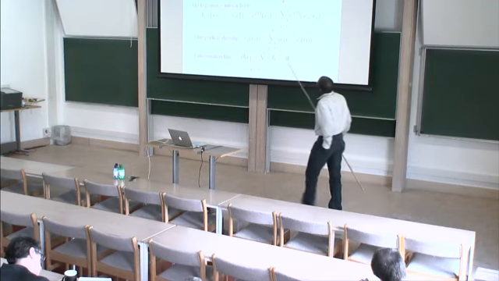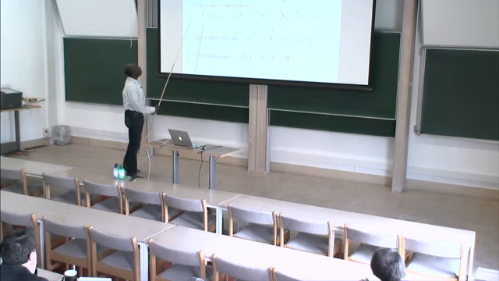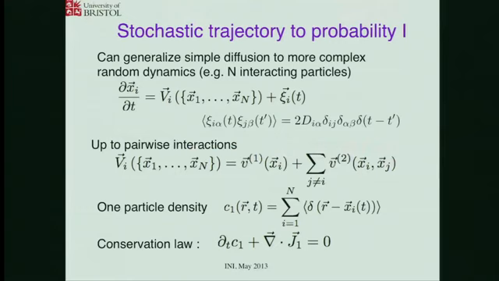So how do we do that? Well, I have some variable x, which could correspond to the positions and orientations of my active elements. I have my driving term, which is coming from the internal dynamics, which is all specified, and I have fluctuations.